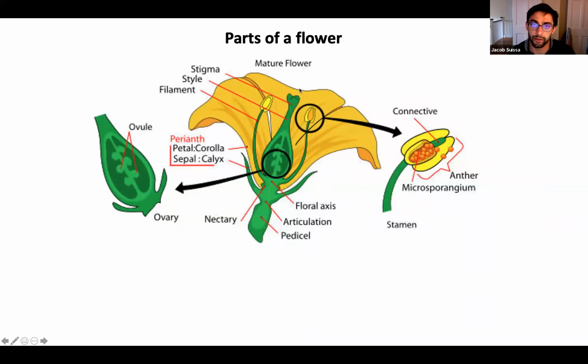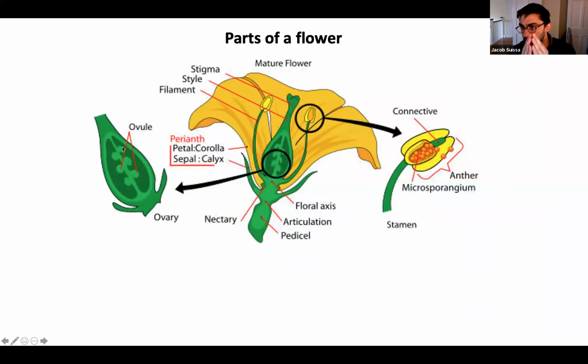But in the broad sense, we call this part the pistil, right? It's comprised of the stigma. So this is the upper pollen receptive portion. The style, which is the neck that connects the base of the ovary to the stigma. And then the ovary itself, which is composed of, like I said, the megasporophylls.